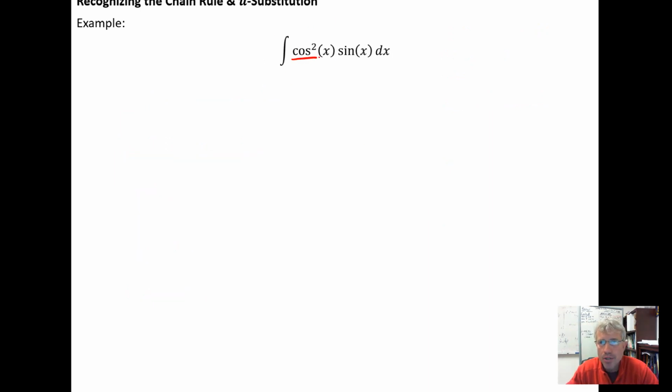So we have cosine squared of x times sine x. So I've got a function composition sitting right here. I have the cosine function inside of the squaring function.